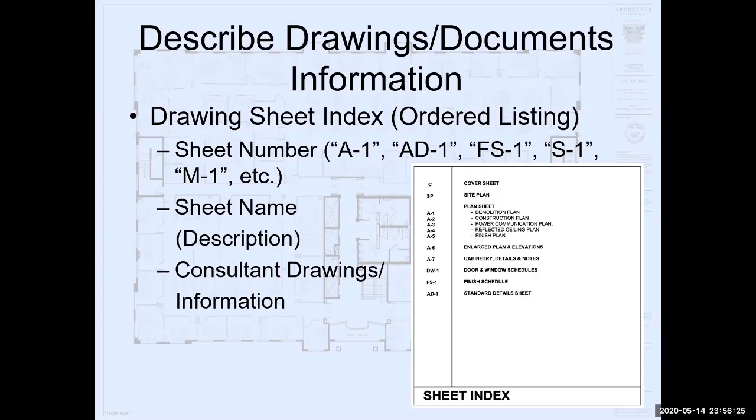So we will list the architectural or the design, and some designers will use an ID number instead of an A number. That's perfectly acceptable. There's nothing wrong with that. But we also provide those consultant drawings that might include structural, mechanical, electrical, plumbing, in some cases civil engineering drawings if we're doing some things outside that have to do with accessibility.